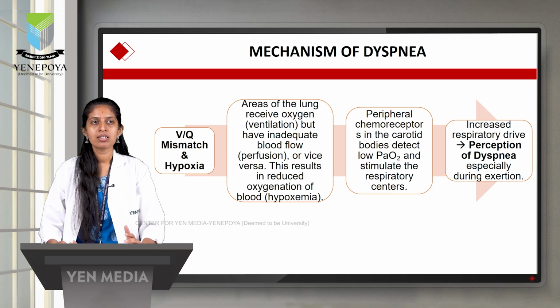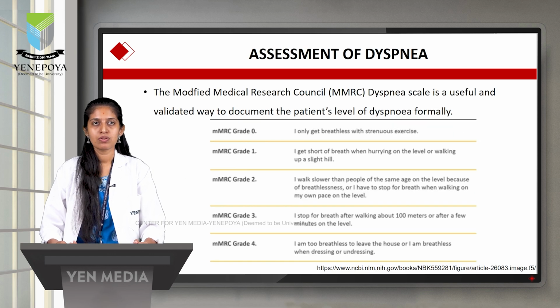That's where you will see the perception of dyspnea. So in all these three cases, stimulating the afferent nerves, the increase in mechanical load of respiratory muscles, and the V by Q mismatch and hypoxia, all three will end up in dyspnea. So these are related to the physiological mechanisms.